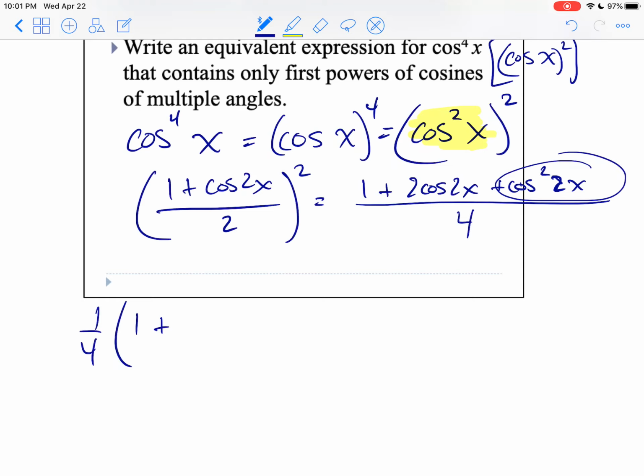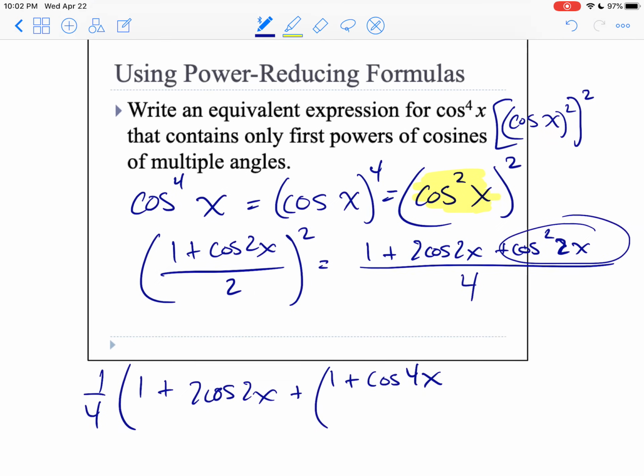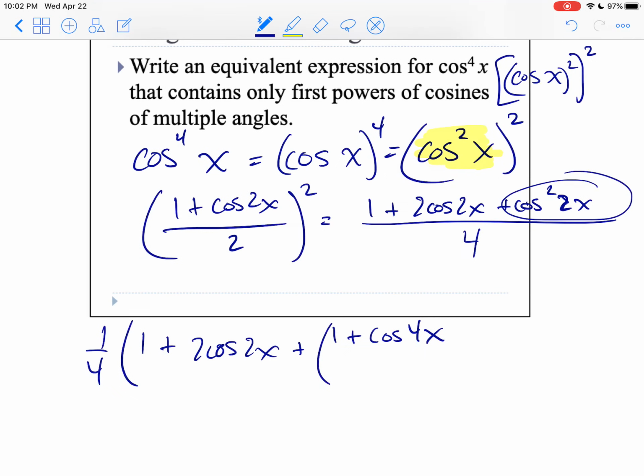We have a 1 plus 2 cosine of 2x plus this cosine squared of 2x becomes 1 plus cosine of 4x, because I double what's inside, over 2. That's how the power reducing formula for cosine works. It happened here. We doubled what was inside. We're doubling it again.